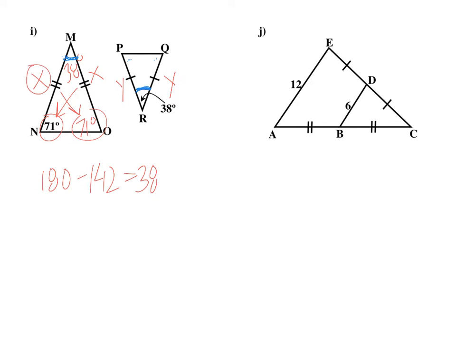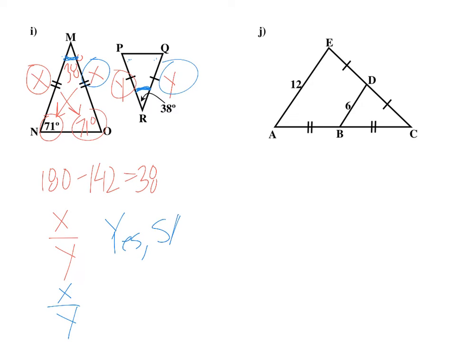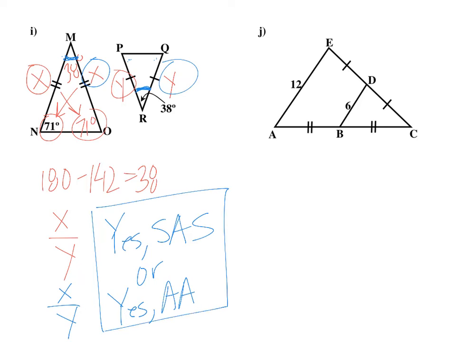But I'm going to take this side over this side, X over Y. And then I'm going to take this side over this side, X over Y. So the ratio of the sides that make up the angle, they're equal. So I could say yes by SAS, or you could just as well say yes by AA. It's your choice, depending on how you work out the problem.